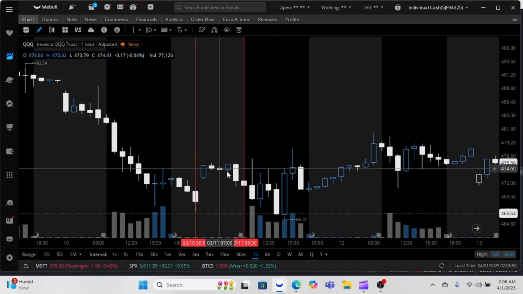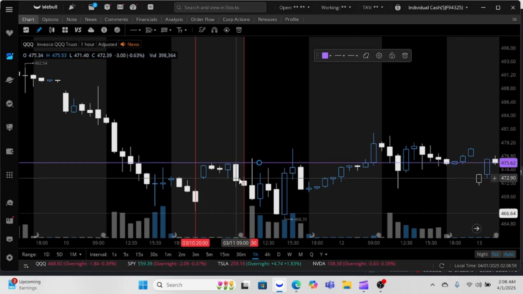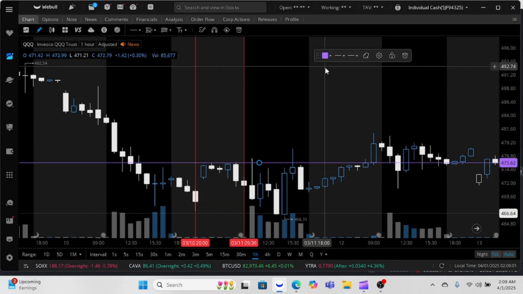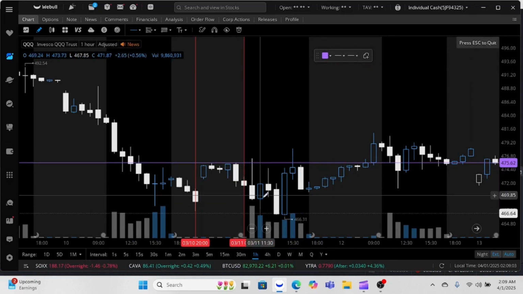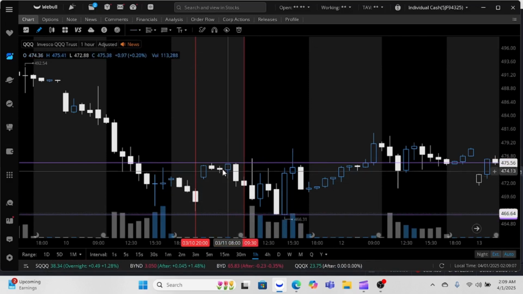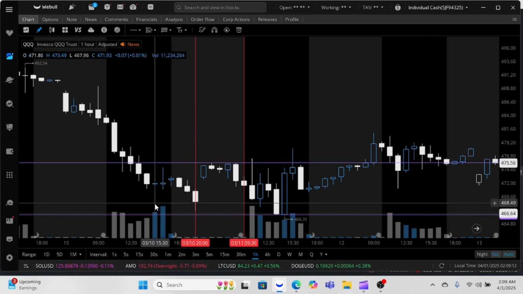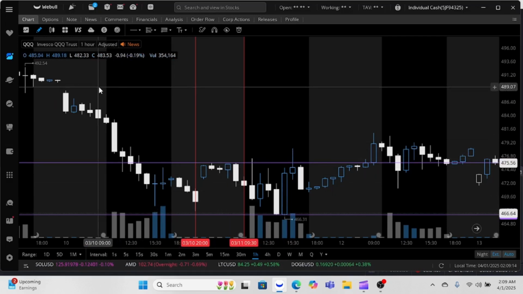I'm going to bring your attention to these equal highs right here. You're going to have a pool of liquidity right above that, and a pool of liquidity right below this. Equal lows, equal highs, swing high, swing low.